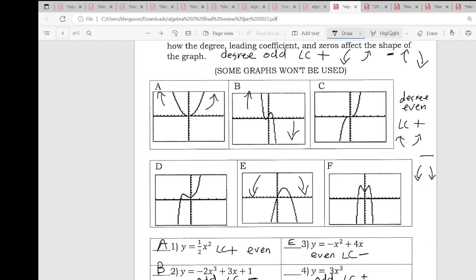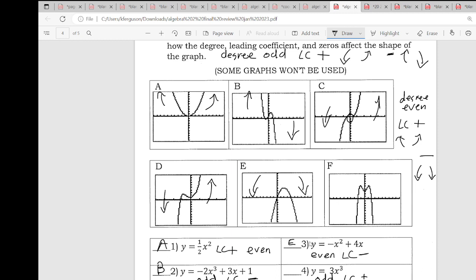So it starts down and goes up. I got two. I got this one and I got this one. So how would I determine which one of these it is? Exactly, the zeros. So what's the zero or zeros on this function? Zero. That means that my graph crosses 0, 0, and that's C, because my graph crosses the x-axis right there, 0, 0.